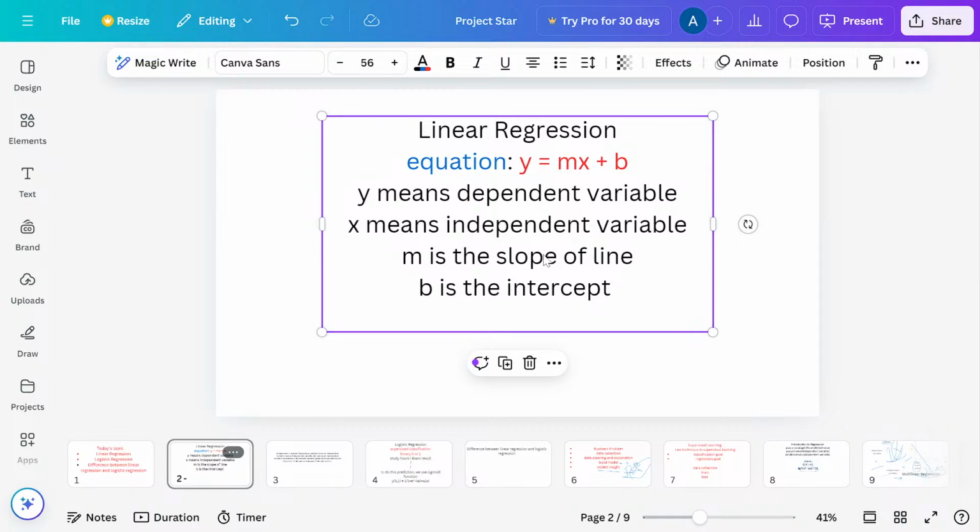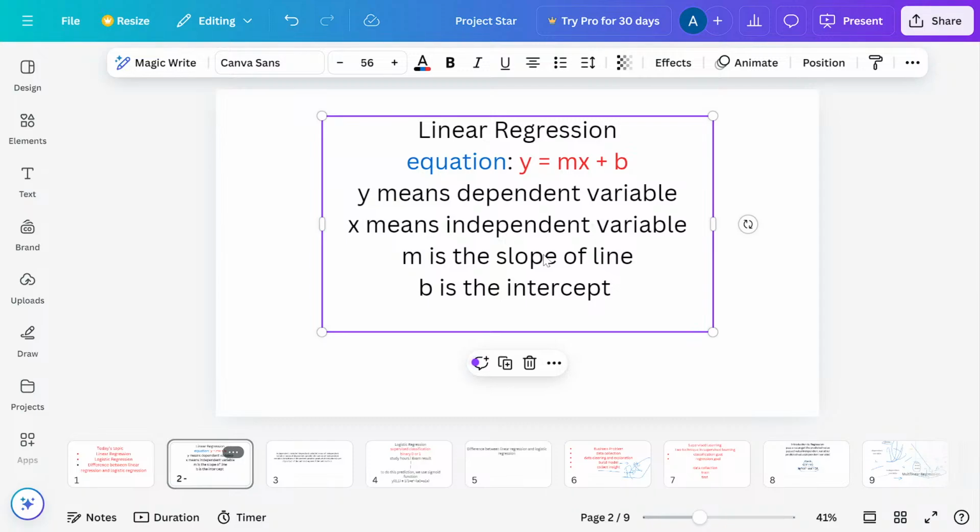M represents this: if I change 1 unit in x, there will be an m-unit change in y.